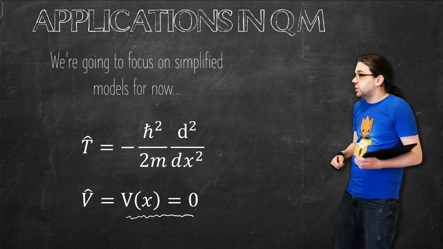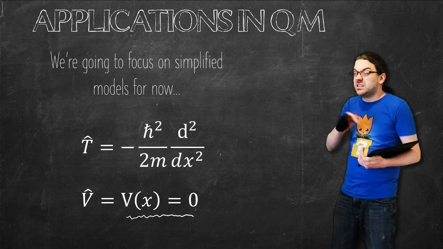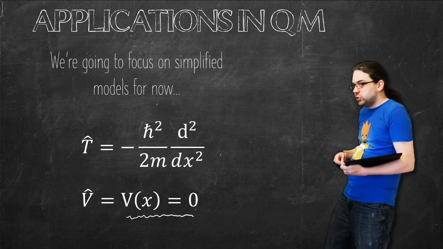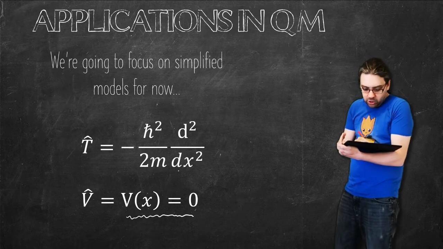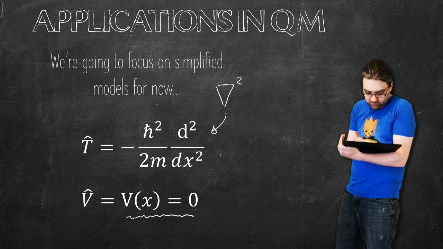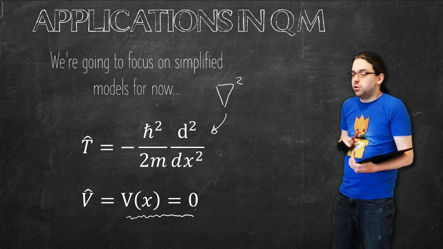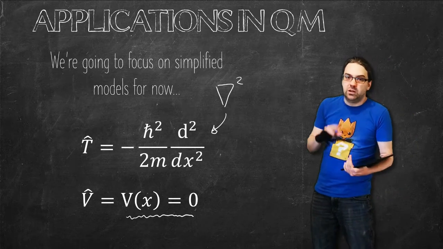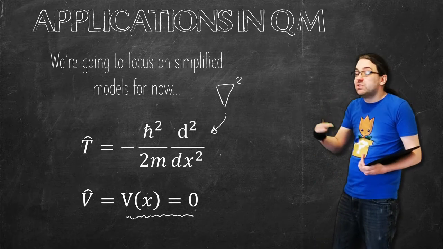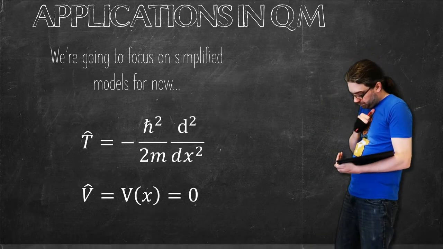There's certainly potential energy there, but our particle models, the simplified things we're going to talk about, have none. We're also going to mostly talk about one dimension, which means instead of that 3D operator, we've got just a one-dimensional operator. We're taking a derivative in only one dimension. It simplifies down the maths a lot, but illustrates the exact same concept.